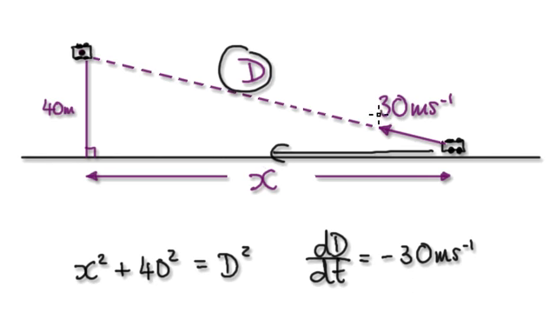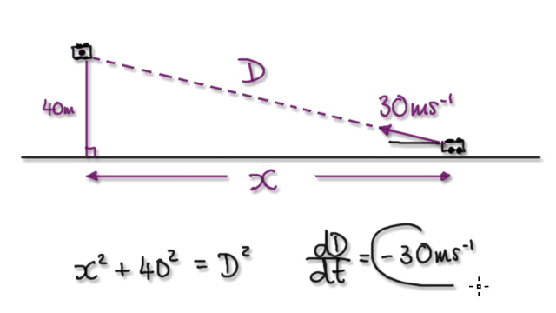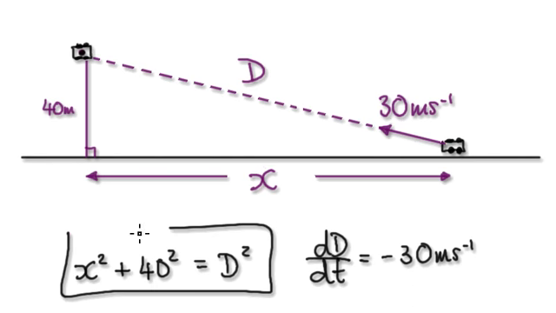So dD by dt will be negative 30 meters per second, because the diagonal line is decreasing as time goes on. Anyway, using Pythagoras, it would give us this.